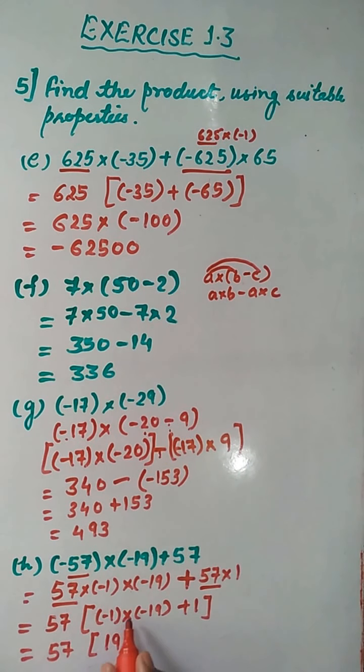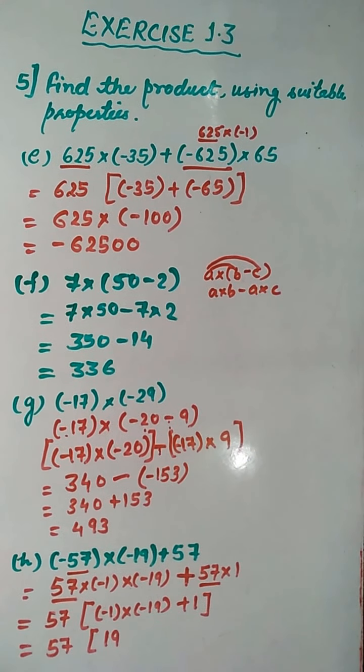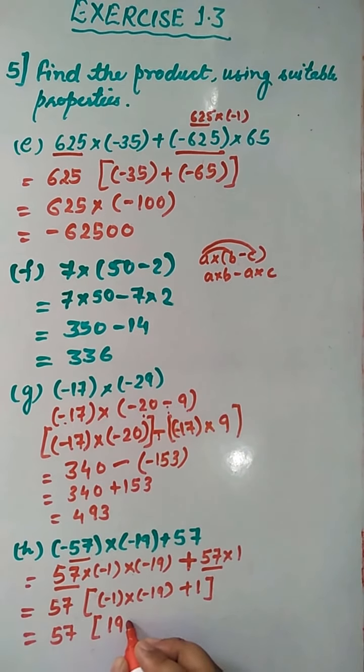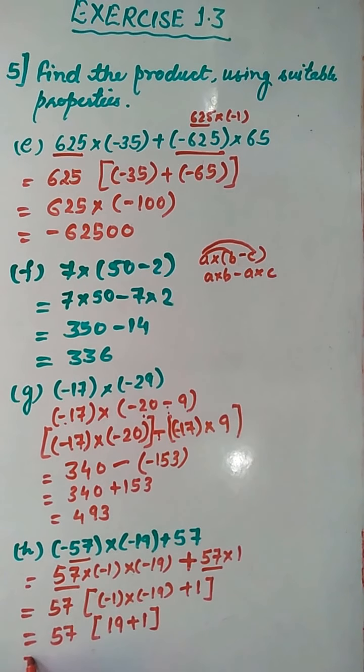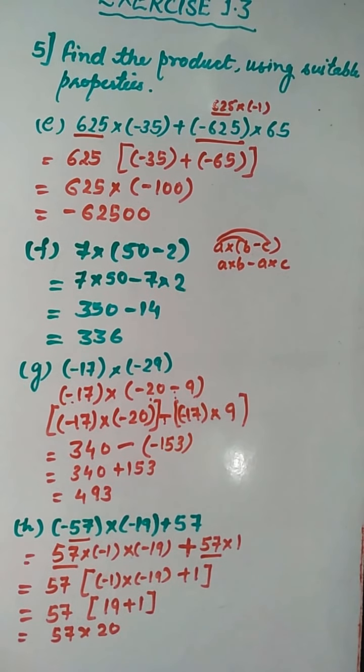Plus 19. 19 ones are 19, and minus minus will become plus, and plus 1. So this will become 57 into 20. 57 into 20, this will be how much? Multiply this, 1140. So with this we have completed question number 5.